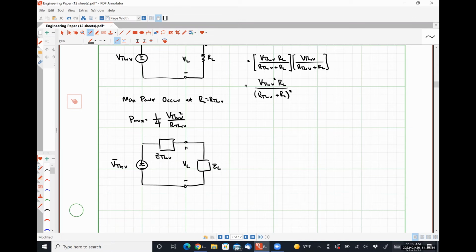This is our phasor voltage VL. This is our phasor current IL.